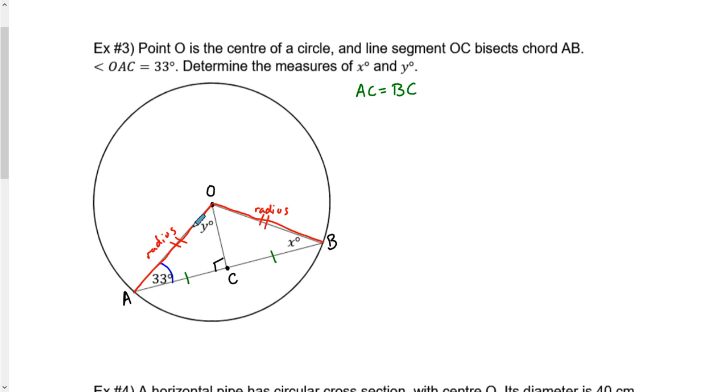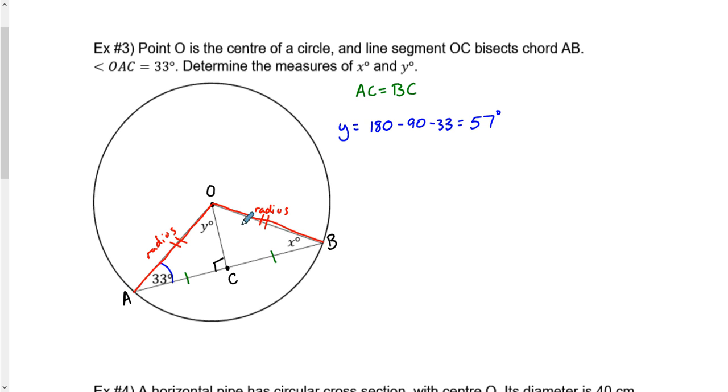The first thing I can see right here, with drawing that 90-degree angle, I've now created a right angle triangle, which means I know how many degrees are in a triangle. It's 180. And if I subtract the 90-degree angle, and I subtract the 33-degree angle, angle Y would be 57 degrees. So we've solved for angle Y.